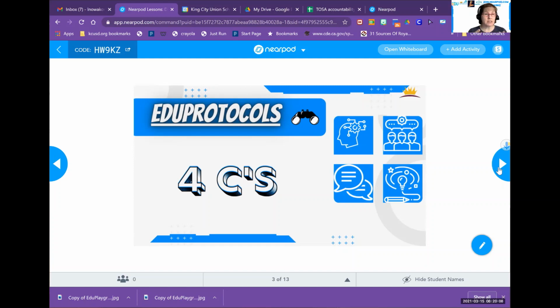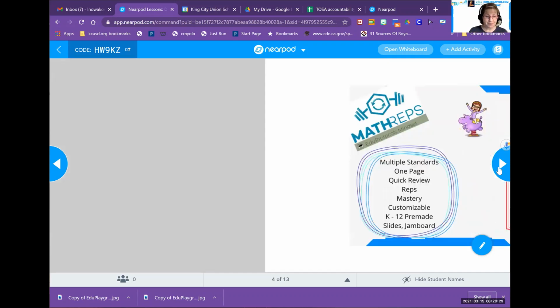Some of the things with EduProtocols are lower level, depth of knowledge one. So they're not deep thinking things, but you have to have those DOK1 things in order to access the higher thinking skills. So that's what some of this is going to be about as well.